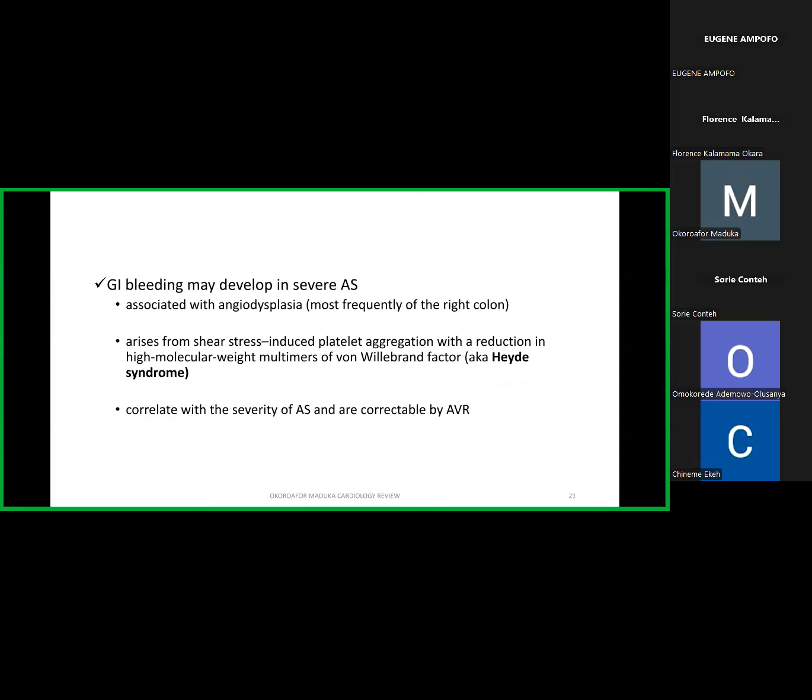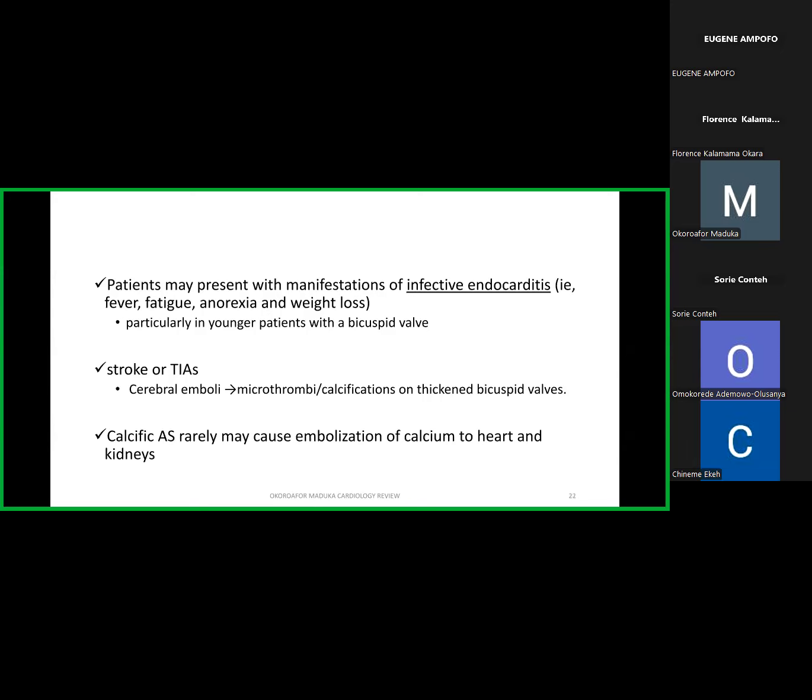So they have a form of acquired von Willebrand disease, and this leads to the syndrome known as Heyde syndrome. Patients may present with manifestations of infective endocarditis. They could come down with stroke, and calcific aortic stenosis rarely may cause embolization of calcium to the heart or the kidneys.